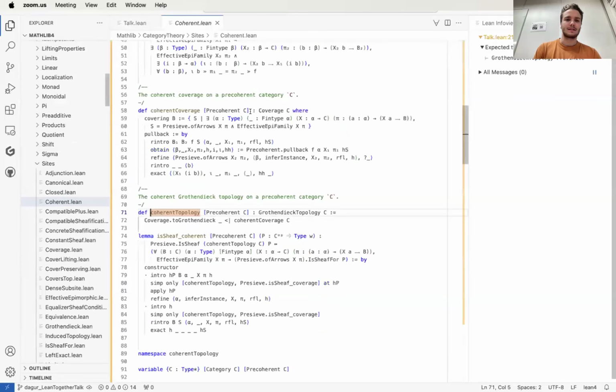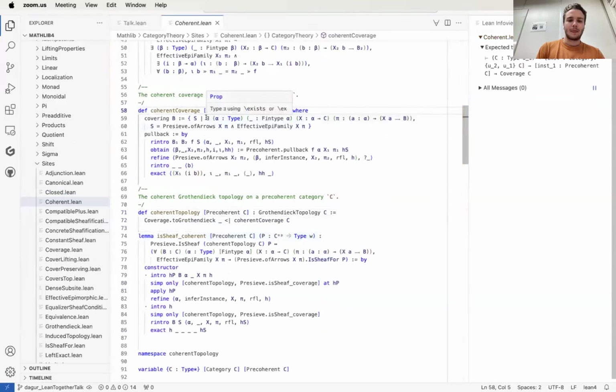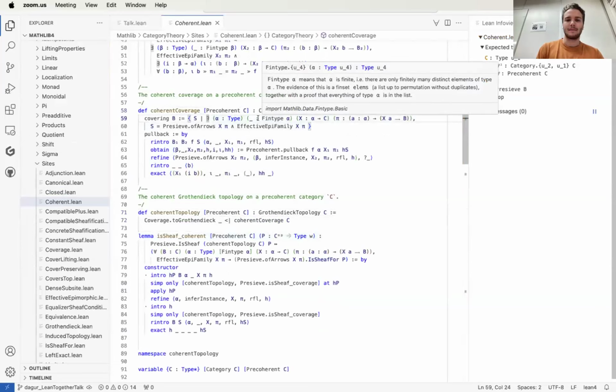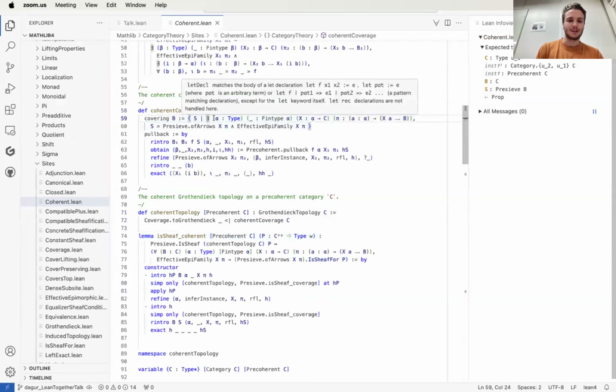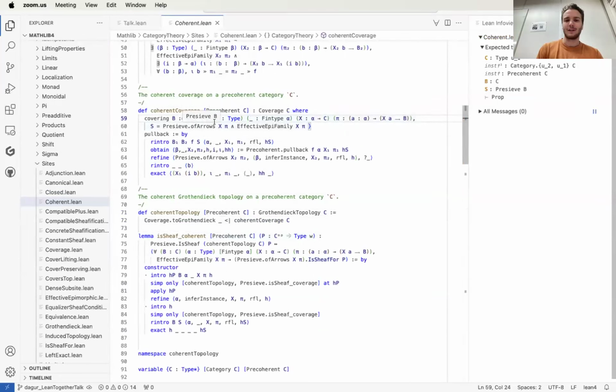So let's look at this coherent topology. It's quite a general thing. So it's the Grothendieck topology generated by this coherent coverage, which just consists of finite families.